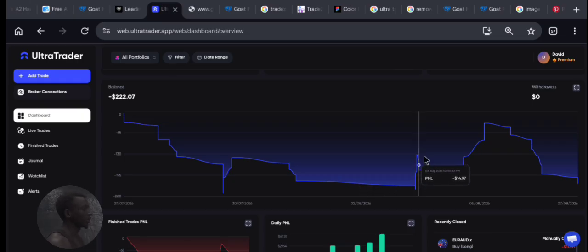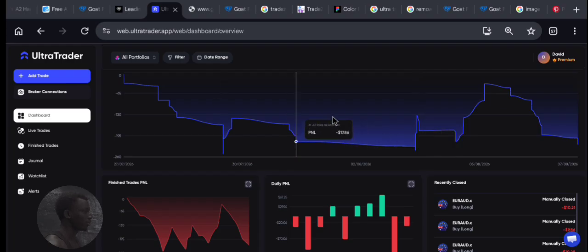You can see when I made $10, and you can see when I made minus $12. You can see how my account is fluctuating.